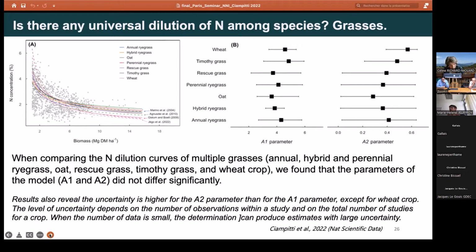The level of uncertainty is one of the things that we need to start discussing, along with the number of studies, number of samplings, number of fertilizer rates, and number of observations within a study. When the amount of data is small, sometimes the determination of the critical curve has a large uncertainty.